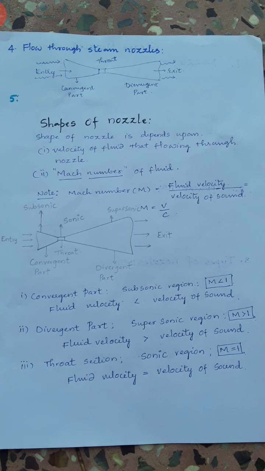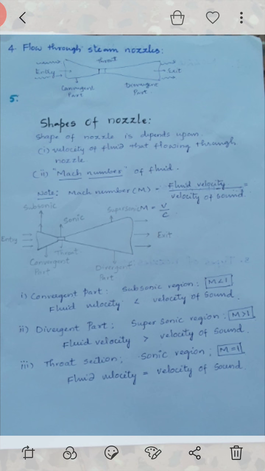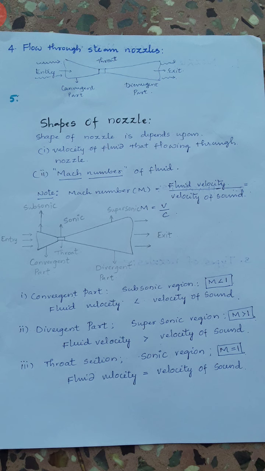As it enters the throat it becomes a sonic region, where the velocity increases compared to the convergent part, and then it increases further in the divergent part. It means the divergent part has the higher velocity as compared to the convergent part.